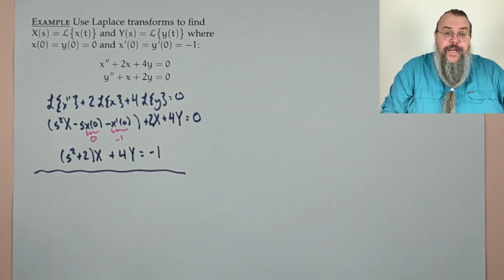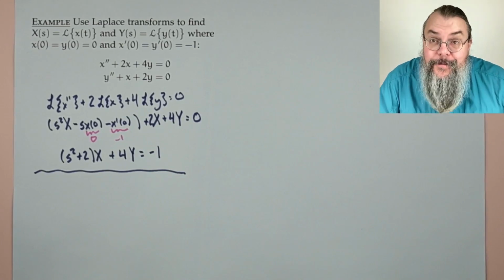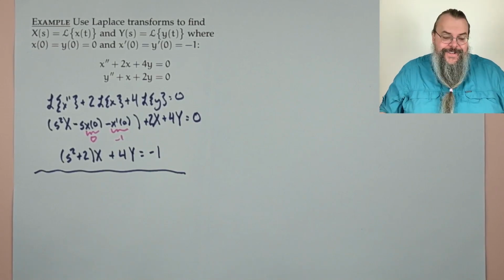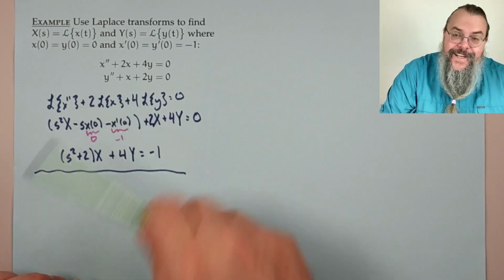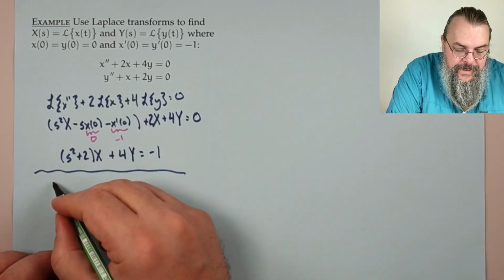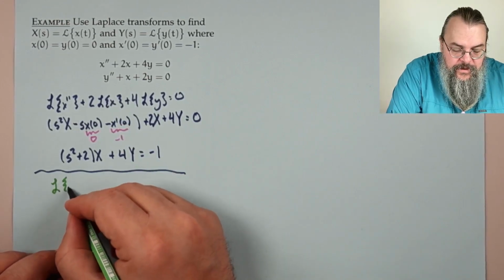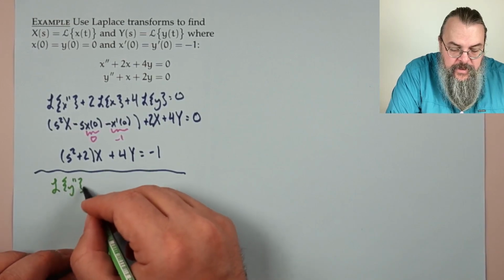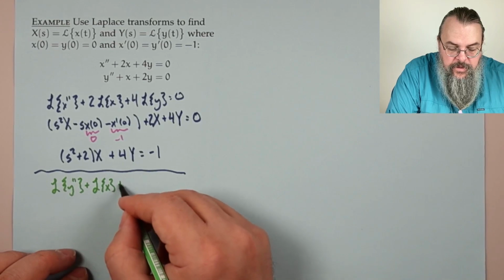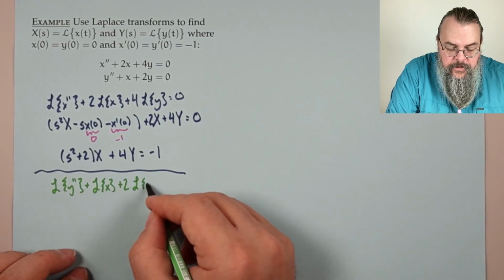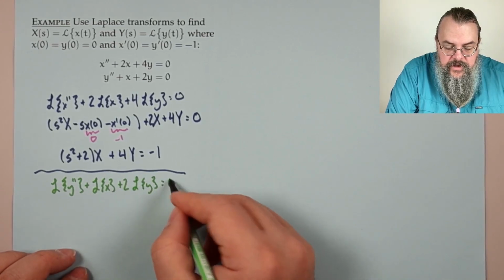And you're probably thinking, this is feeling really familiar. I hope so, because it should. Second equation, we have Laplace transform y double prime plus Laplace transform of x plus 2 Laplace transform of y is equal to 0.